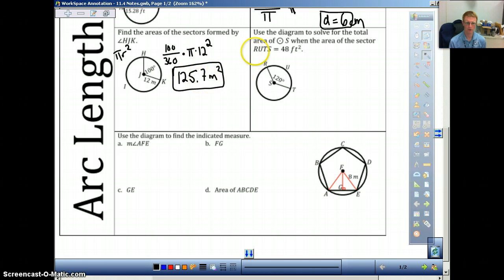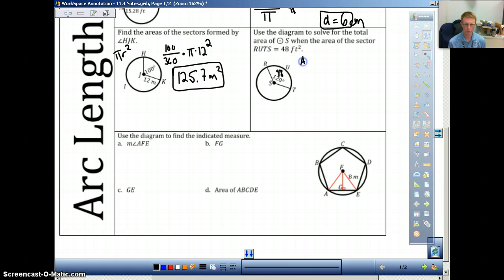Okay? All right, let's look at this. Okay, so in this example over here, they give us the area. The area of the sector is 48. So I already know the area of this sector. The problem is I want the area of the entire circle. So here's where we're going to actually use our proportion.